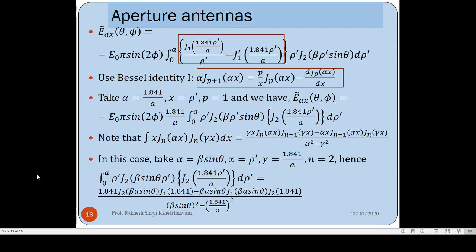When we do that, the integration turns out to be like this: 1.841 J2 of beta a sin theta J1 of 1.841 minus beta a sin theta J1 of beta a sin theta J2 of 1.841, divided by beta sin theta square minus 1.841 by a whole square. So we have used this identity to get this result here.